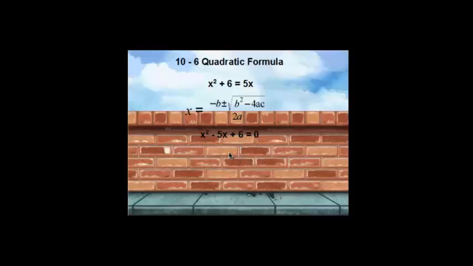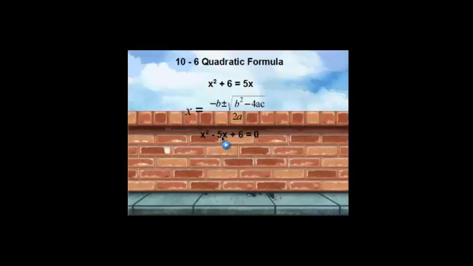After subtracting 5x from both sides, to write that equation in standard form, you have x squared minus 5x plus 6 equals 0. Now you can set it up into the quadratic formula to figure out what the roots are going to be.